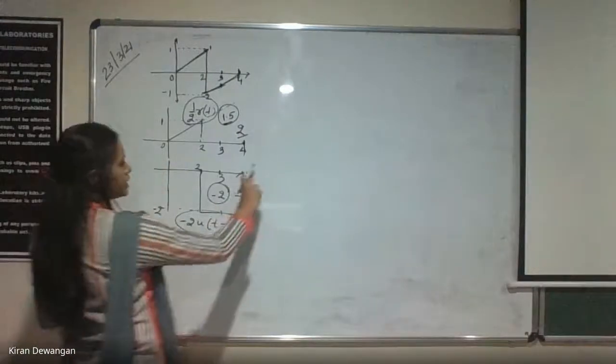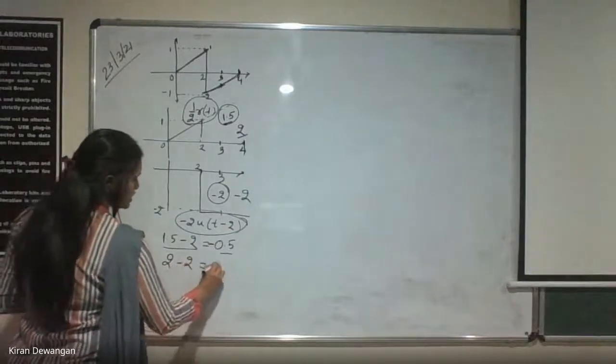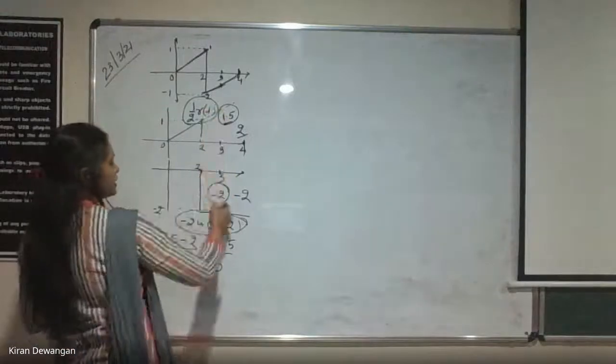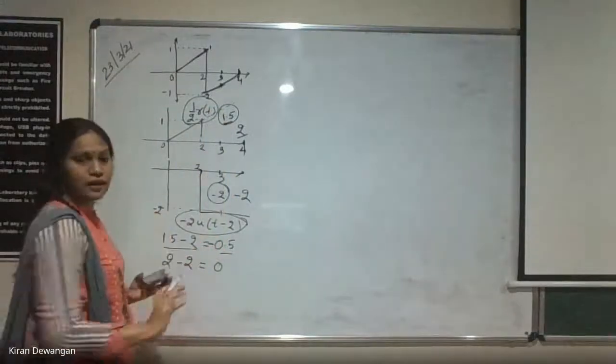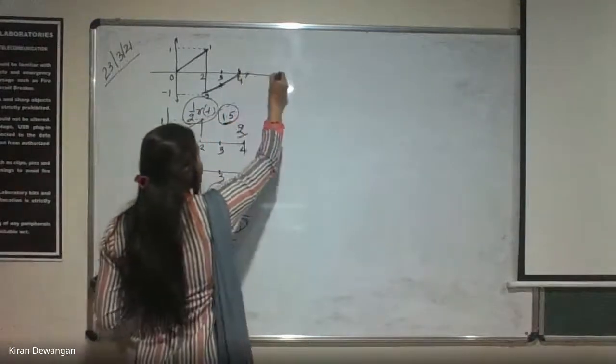Correct? So that is 2 minus 2. This is 0 and that is what we are getting here. So actually this is the addition of these two signals till here. Now it will proceed further also.